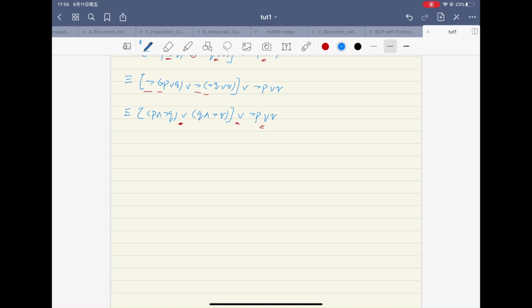So we have P and not Q, or not P, or Q and not R, or R.